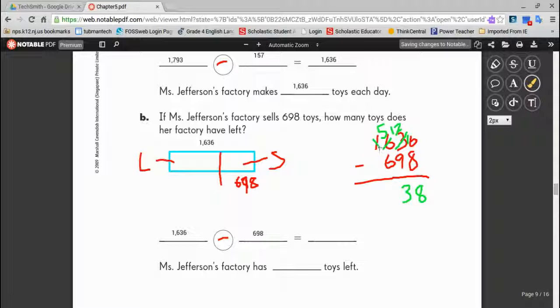5 minus 6, can't do that because 5 is smaller, so take 1 thousands away, makes that a 0, add 10 hundreds here, that makes it a 15. 15 minus 6, think about that, that is 9. Okay, and that 0 comes down. So now I know I have 938 toys left.